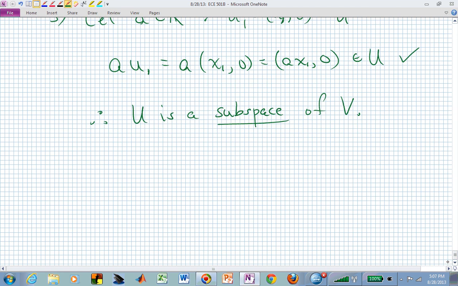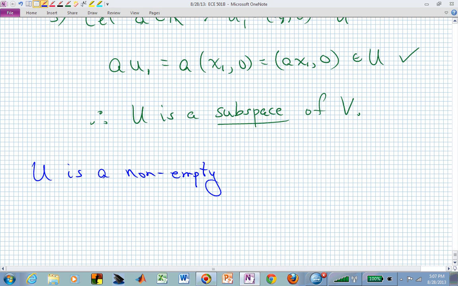And you might say that we've now shown that this subset U is non-empty. It contained the 0 vector.